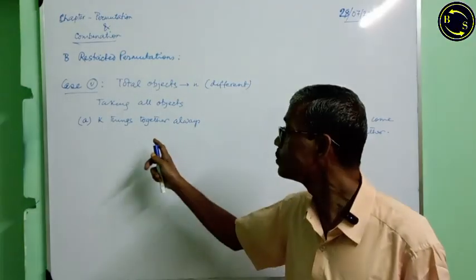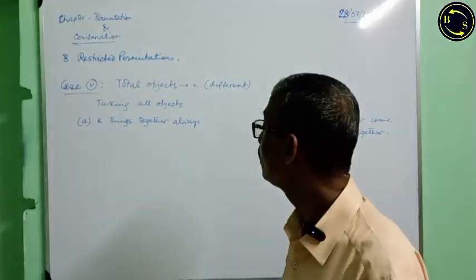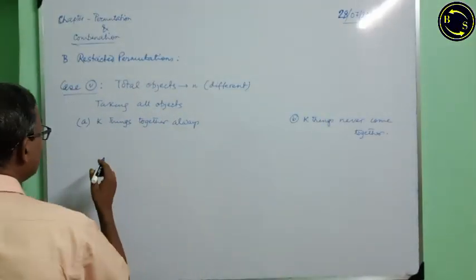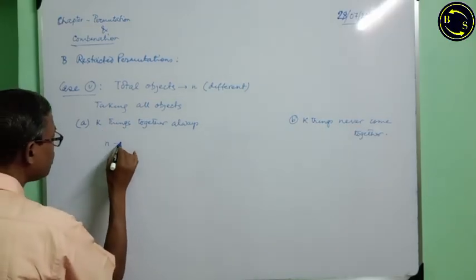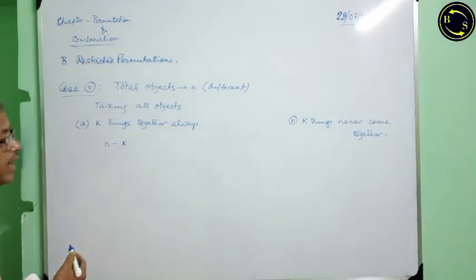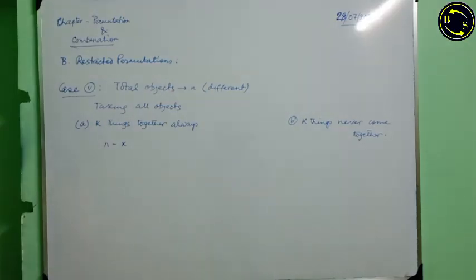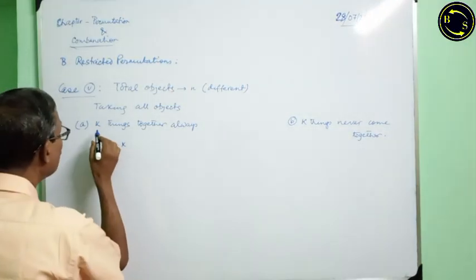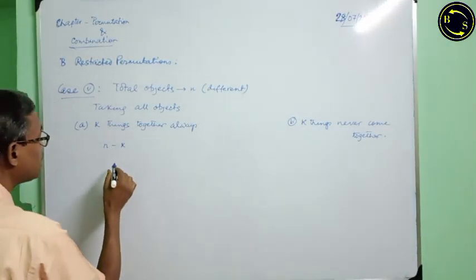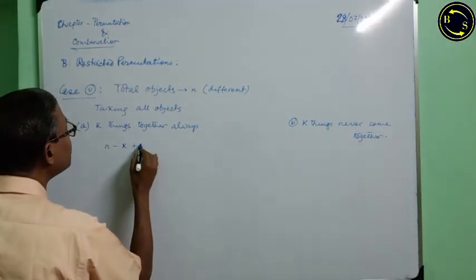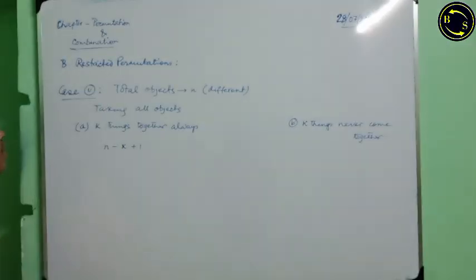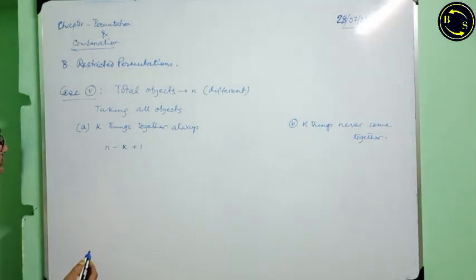This is the first case. If we subtract this from the total, then we get n minus k objects. Now for the k things which will be together, we can take that number as 1.